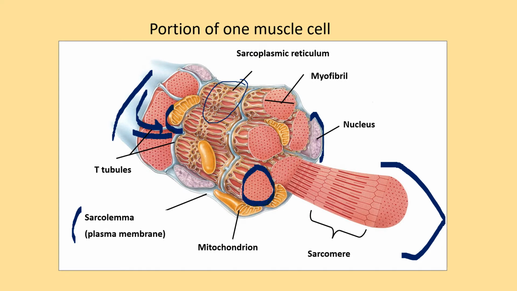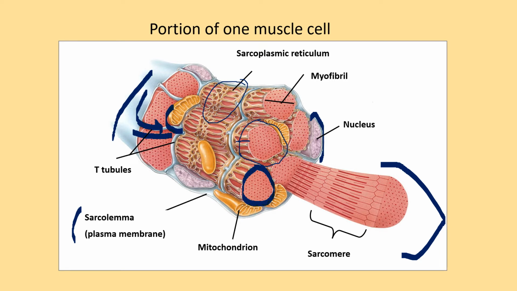Form follows function, right? Look at how the sarcoplasmic reticulum surrounds a myofibril. So each one of these sort of bars here is part of the, I'll just call it the SR, the sarcoplasmic reticulum. So sarcoplasmic reticulum is surrounding each of these myofibrils. And that's important because at the onset, at the very beginning of muscle contraction, the sarcoplasmic reticulum becomes very permeable to calcium.